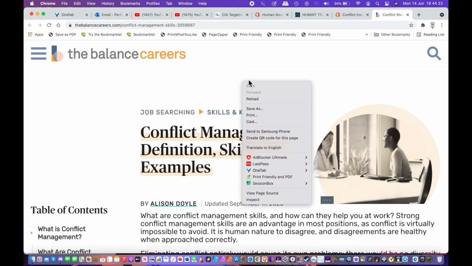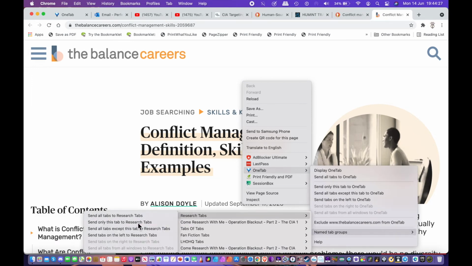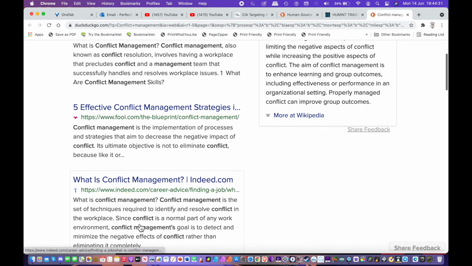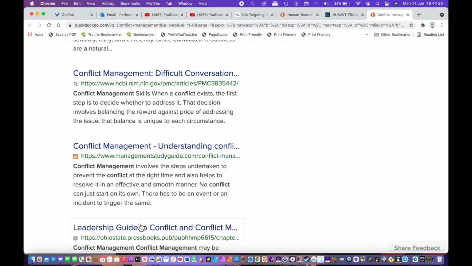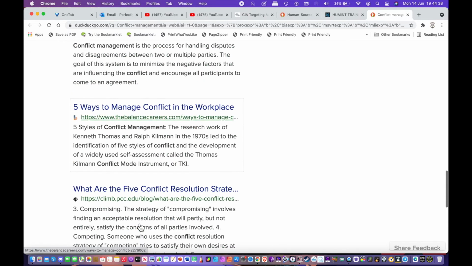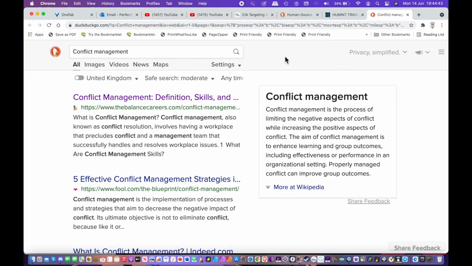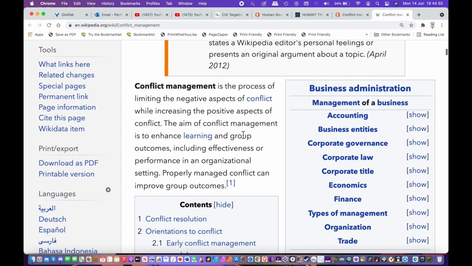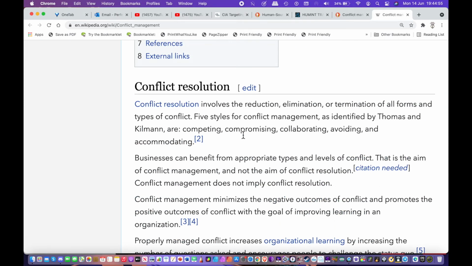That was quite good, so I'm gonna put that away. I think that actually kind of just hit the nail on the head. And we've got the Wikipedia page as well. So let's see what they've put. Conflict, group outcomes.